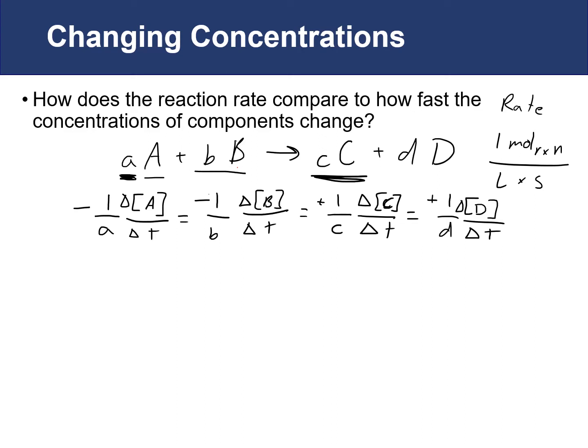Now we can actually go in the reverse order of this. Instead of being given the balanced chemical equation, if we're given the changes, we can figure out what the balanced chemical equation is.